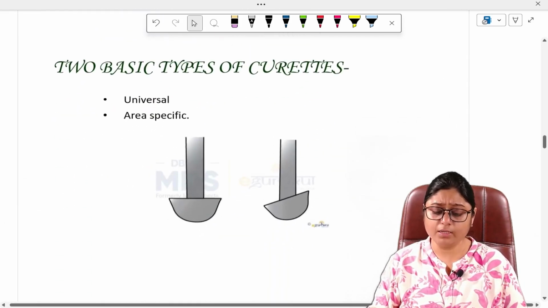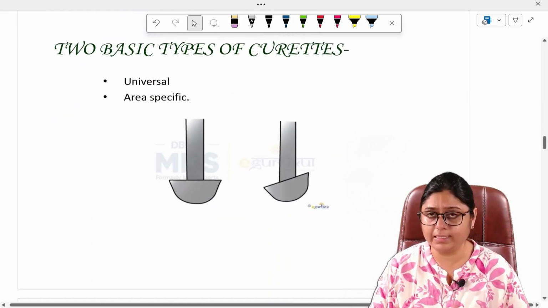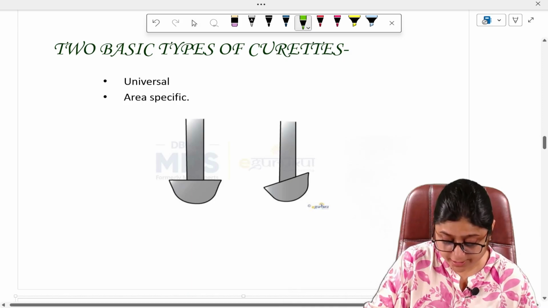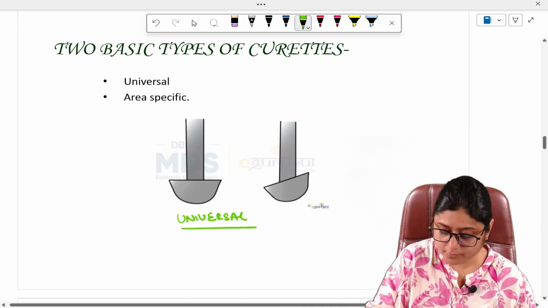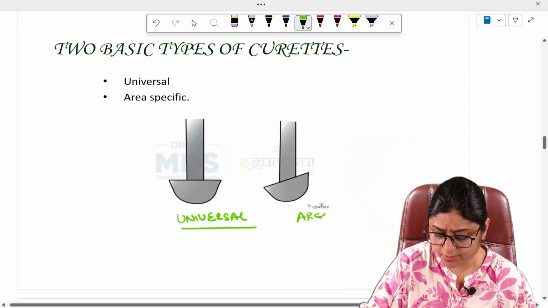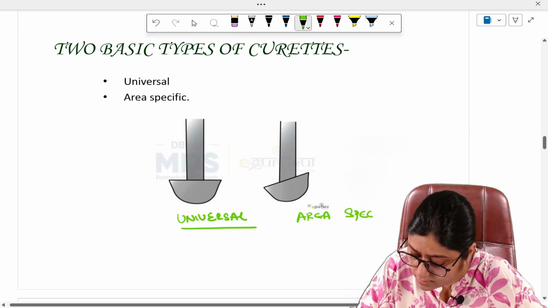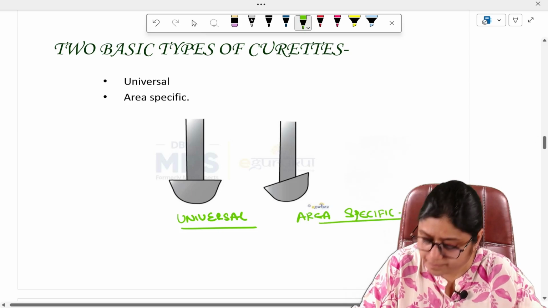Now, the basic difference between the two curettes, the area-specific and the universal curette, is this. This is the universal curette and this is the area-specific curette.